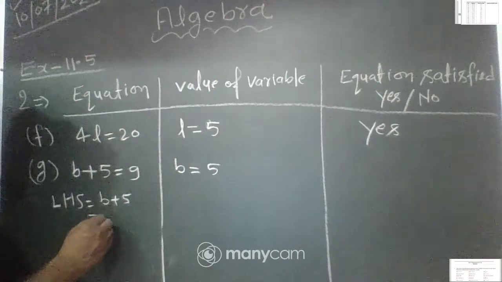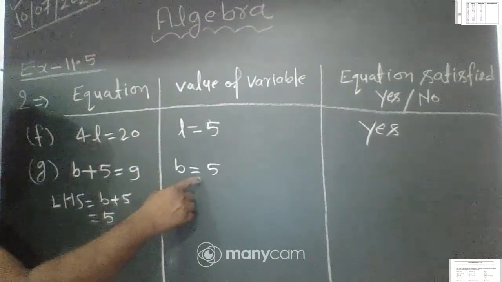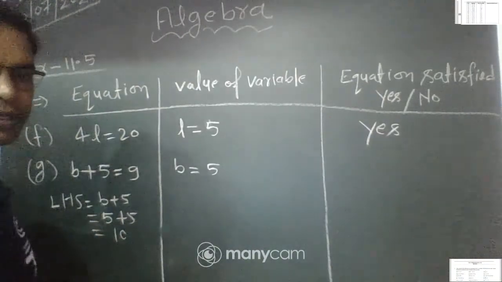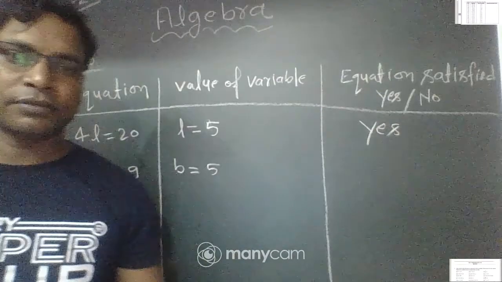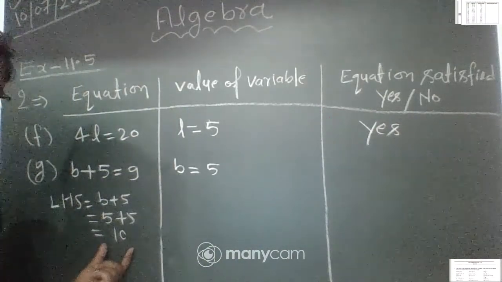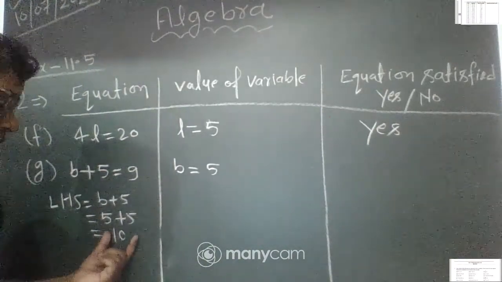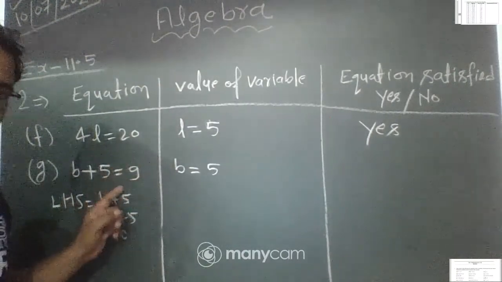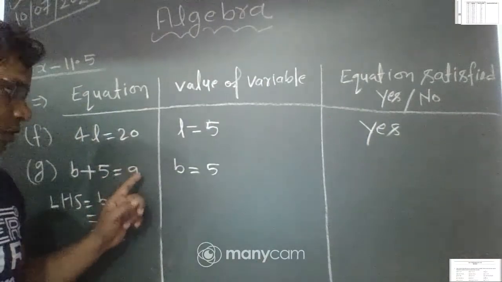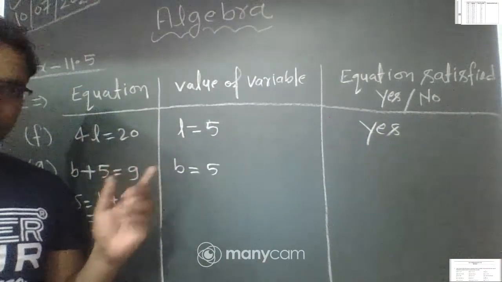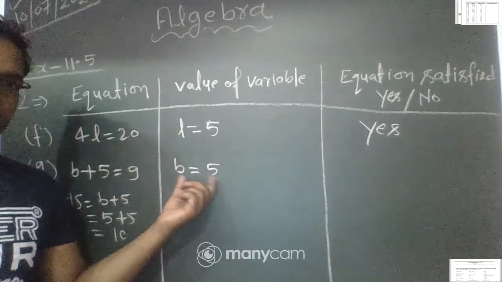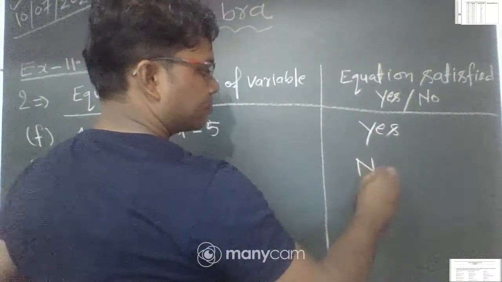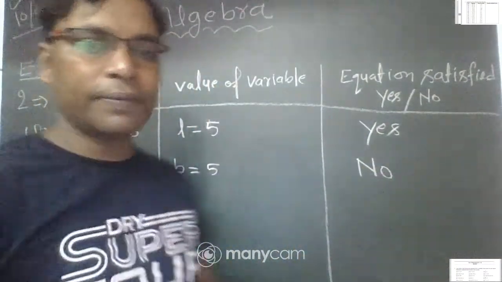The value of b is 5, this is given, and plus 5. 5 plus 5 is 10. So 5 plus 5 is equal to 10. So we solve the left hand side, we find 10, but in the right hand side it is given 9. So it means that this is not satisfied. b is equal to 5 does not satisfy the equation. So you can write here no.